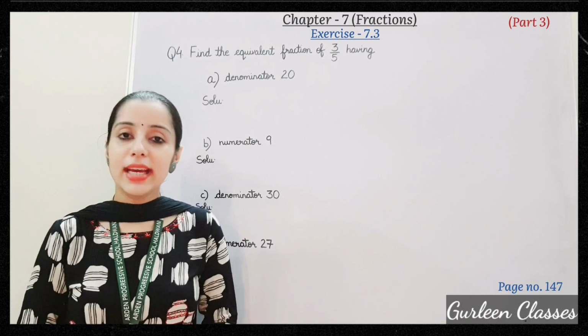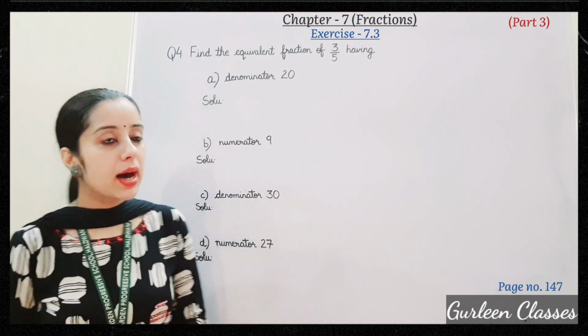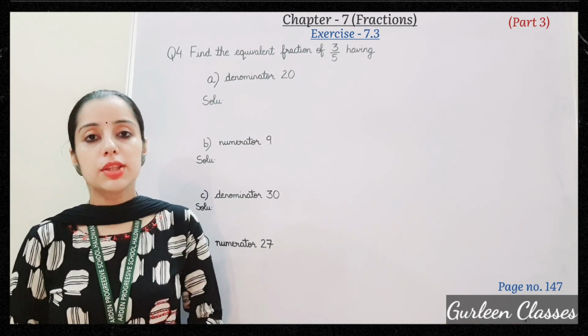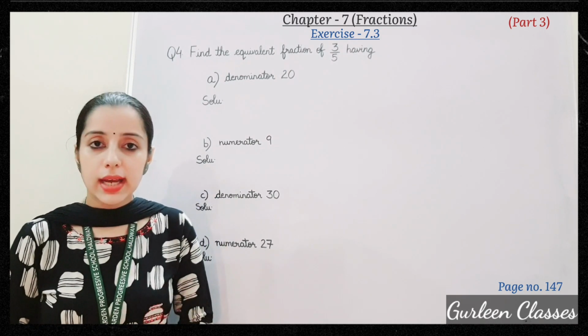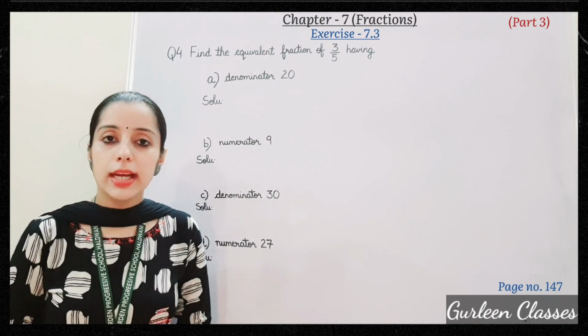Question number 4. Find the equivalent fraction of 3 upon 5 having A: denominator 20. So this question is similar to question number 3 which we have done. Here we have to find the equivalent fraction of 3 upon 5 with denominator 20.